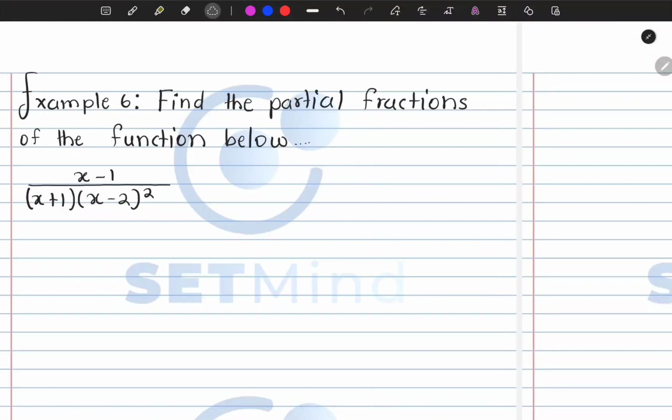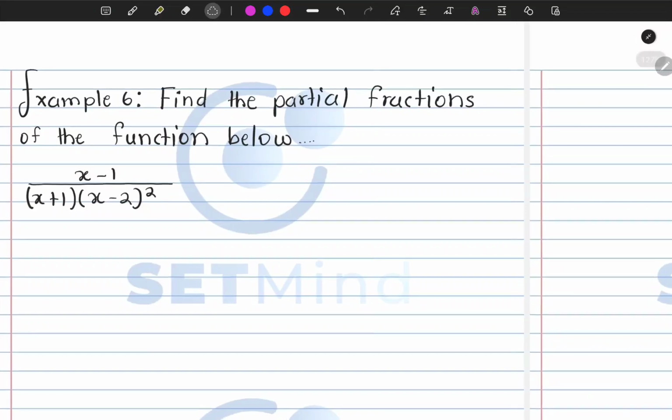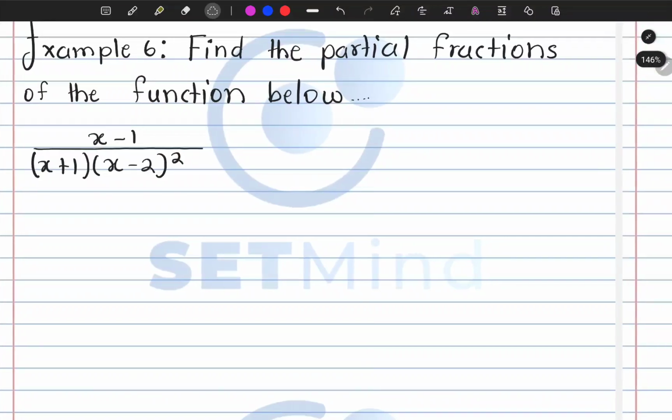Okay, so let's have a look at example 6. Example 6, we are required to find the partial fraction of the function x minus 1 divided by x plus 1 multiplied by x minus 2 squared. Two things which I want you to be able to notice here: we have a linear factor.